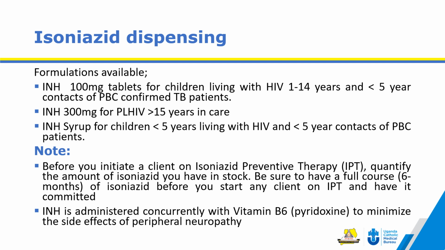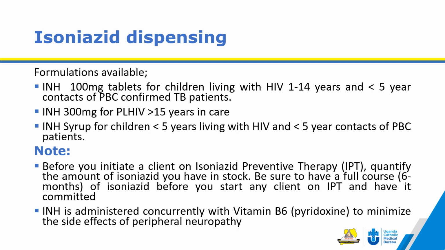Then we also have a syrup, which can also cater for the children below 5 years, majorly the PLHIV or even the contacts. But to note, before you initiate IPT, you have to quantify the amount of isoniazid you have in stock. So if you start a client today, you have to be sure that their course for 6 months is committed and kept aside.